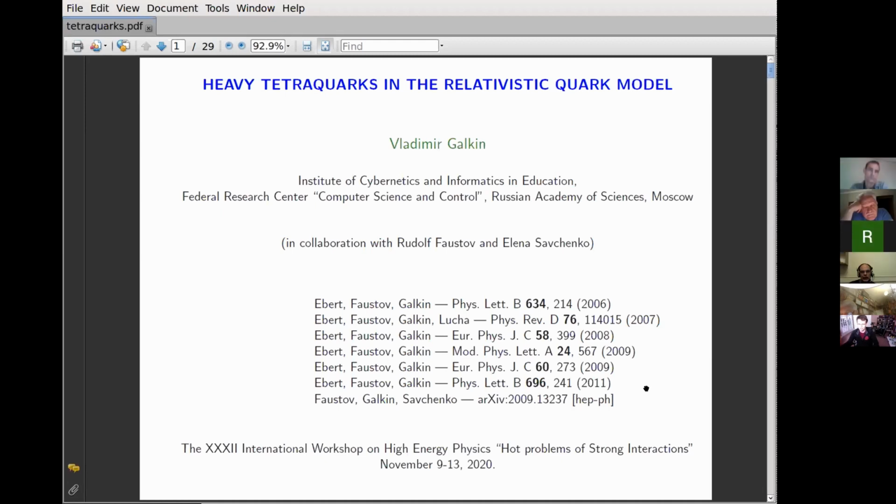If you treat them perturbatively, then you will not get such small masses. Yes, sure. It's the same as for the pion. You will not get the pion mass correctly if you do not treat relativistic effects non-perturbatively. Thank you. Important feature.